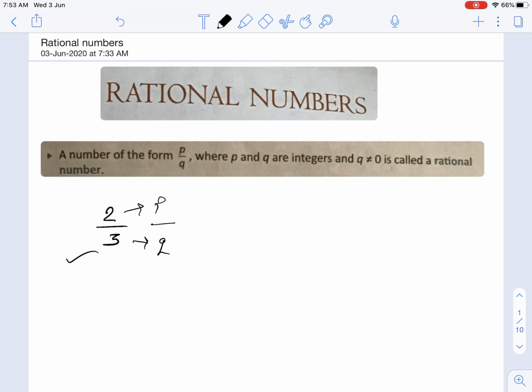In this way we can write a lot of examples of a rational number. The condition is that the denominator should never be equal to 0. That is, our denominator should never be equal to 0.